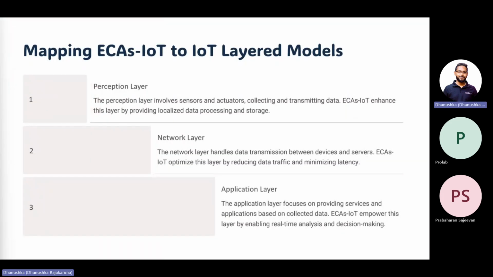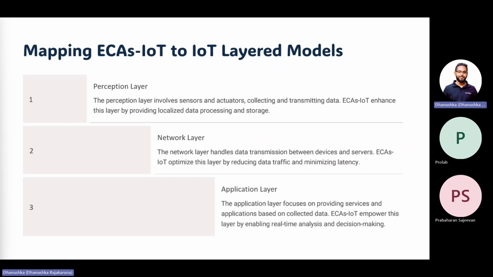So this is the mapping of ECAs for IoT to IoT layer models: perception layer, network layer, and application layer. The perception layer involves sensors and actuators collecting and transmitting data. ECAs for IoT enhance this layer by providing localized data processing and storage. These are devices and sensors that collect data from the physical environment.